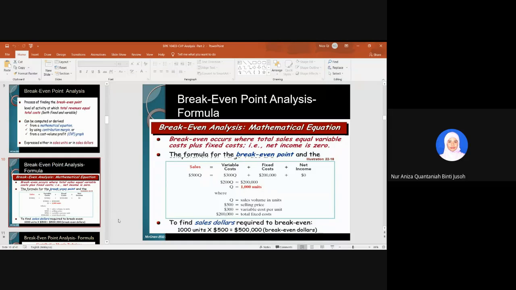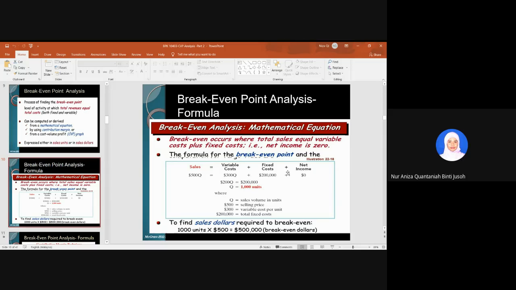And if you want to find the quantity, and you know the sales price per unit, then you times it with the quantity. The variable cost element must also be timed with quantity, and then input the amount of fixed cost.